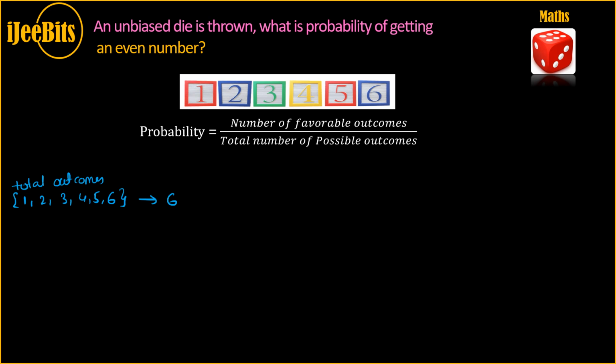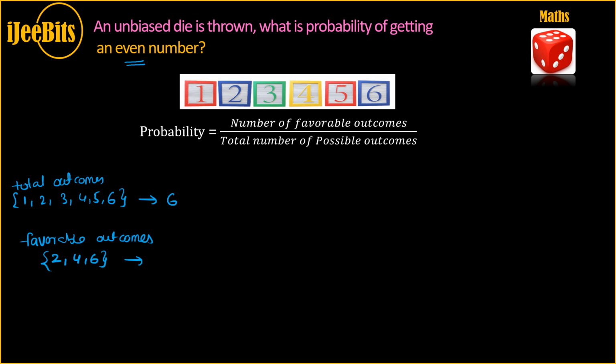What we are trying to understand from the problem is the favorable outcomes. The ask is an even number. How many even numbers do I have from the list? 2, 4 and 6, right?